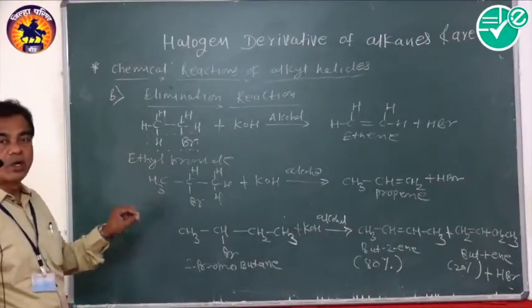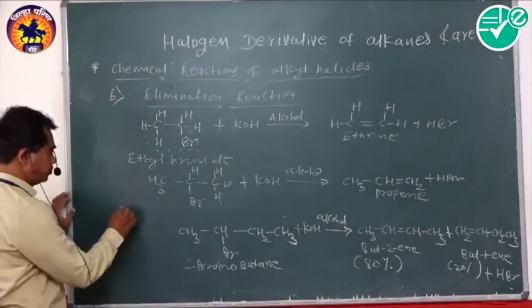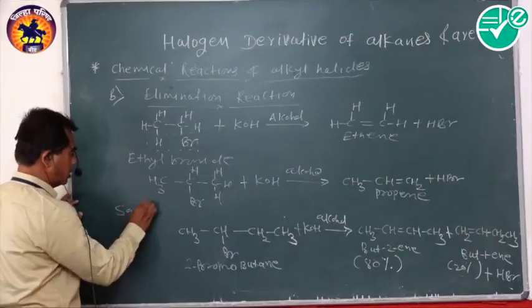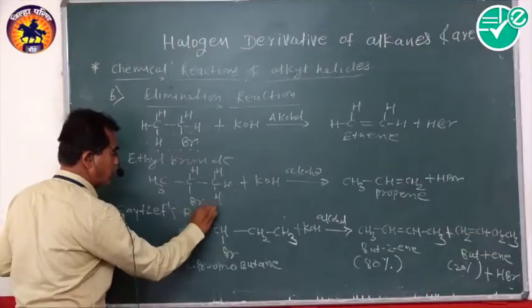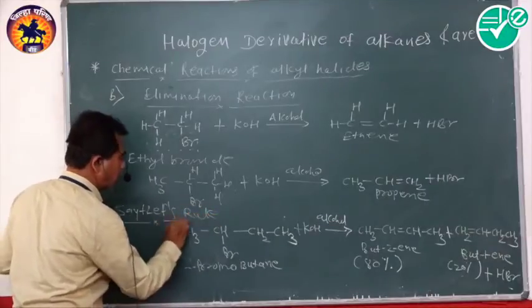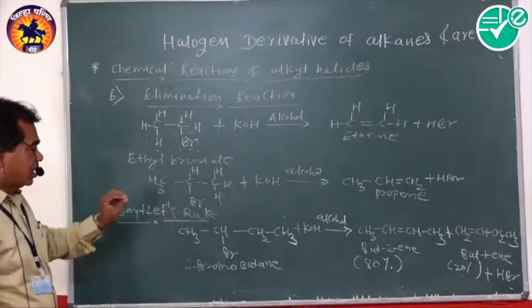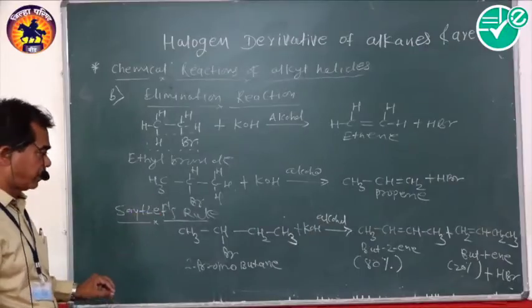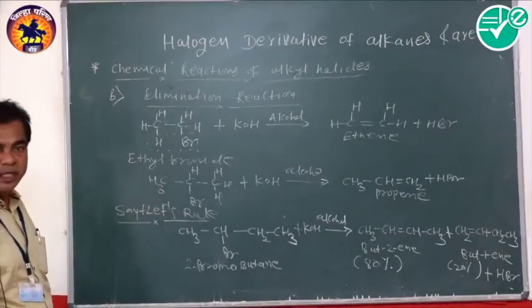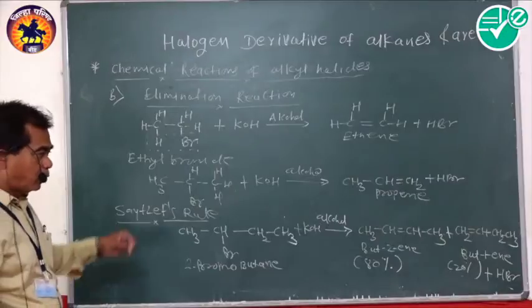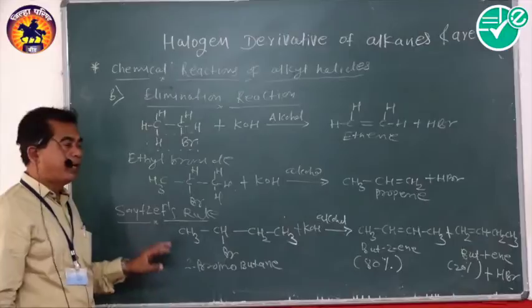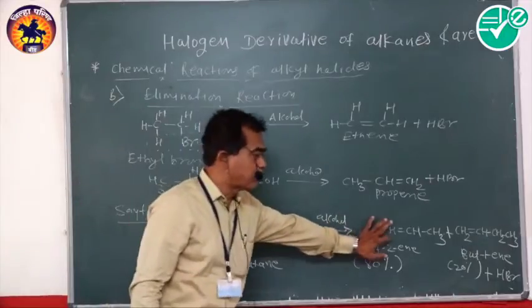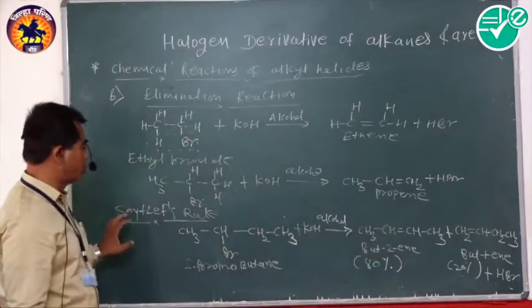This takes place according to Saytzeff's rule. During elimination, two different possibilities occur for the formation of alkene, and the main product is determined by this rule.